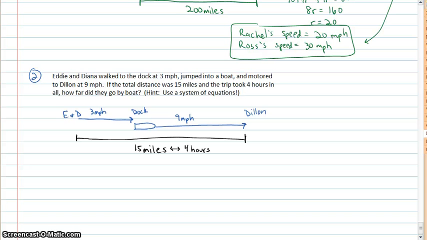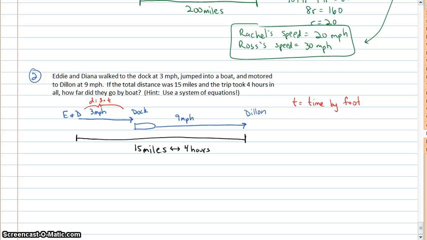I know I can find their distance if I have their time. So I'm going to let t equal time by foot. Now we have some other pieces of information that we need to reconcile.